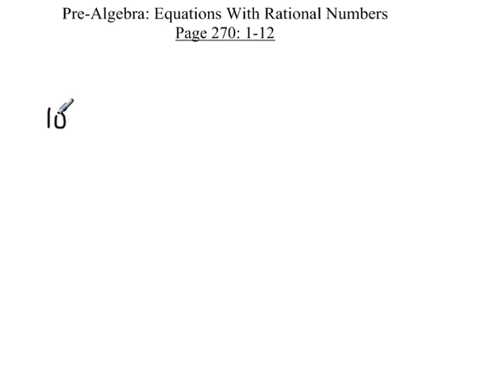Number 10. You have negative 1 over 6 times s equals 15. Now you have to really look and see what's going on with this one. You have s multiplied by negative 1/6. You can divide by negative 1/6. That's called a complex fraction, so that might be a little confusing. But what you want to do is to multiply both sides by the reciprocal of your coefficient.